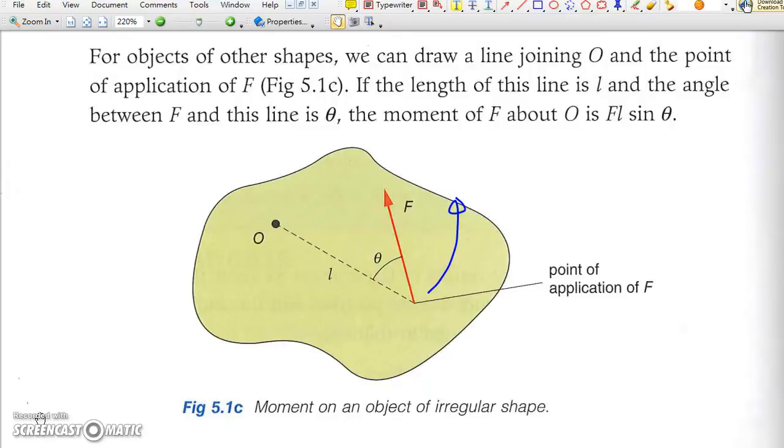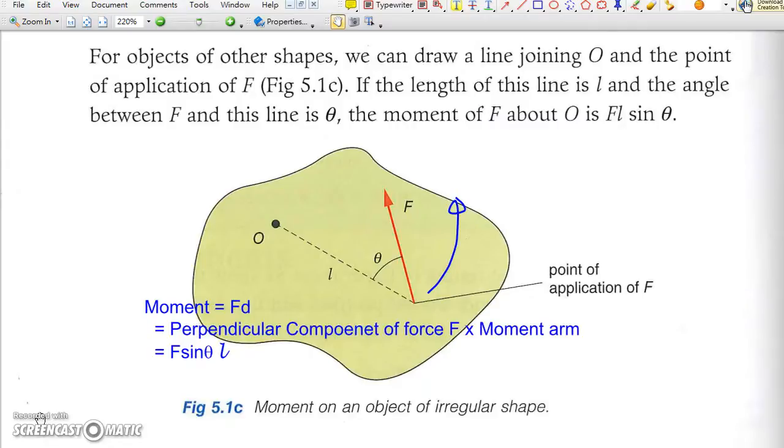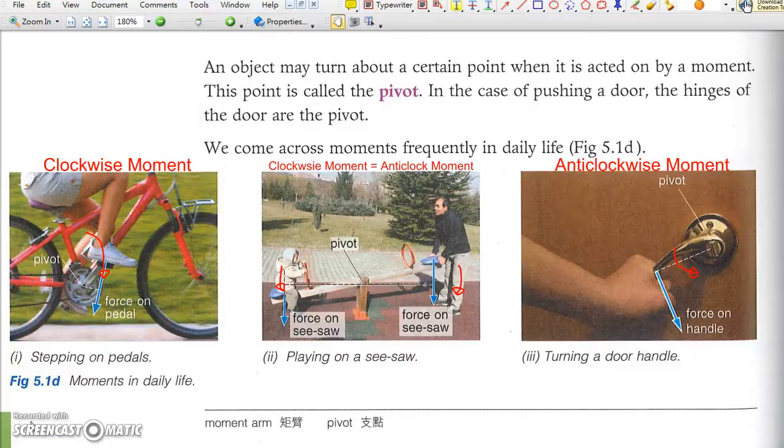First, the force creates an anti-clockwise moment about the point of rotation, and the moment equals F sine theta multiplied with the moment arm L, and therefore FL sine theta. The point of rotation is also called the pivot. Can you identify the pivot in the following cases? And what about the moment in each case?